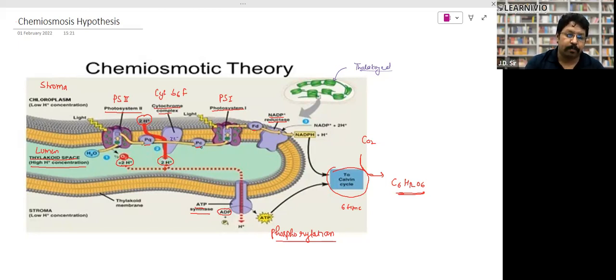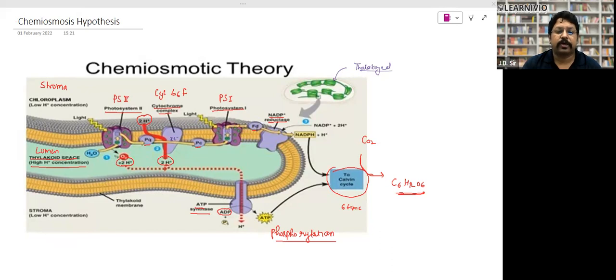Now the electron will go to the plastocyanin. From plastocyanin, the electron will pass to photosystem 1.